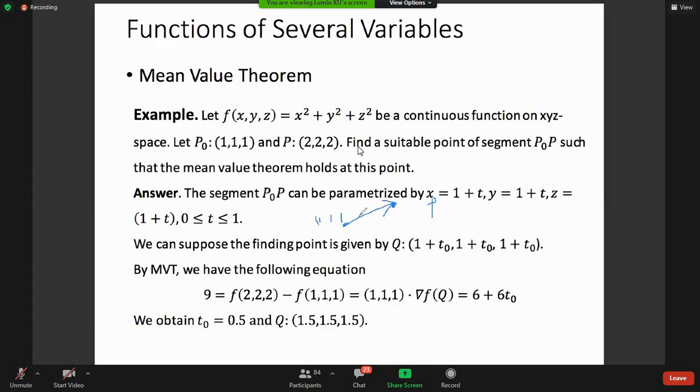So all the points in this segment should be 1 plus t0, and all the x, y, z should be 1 plus t0, right? Because they are all on this line segment. Good.